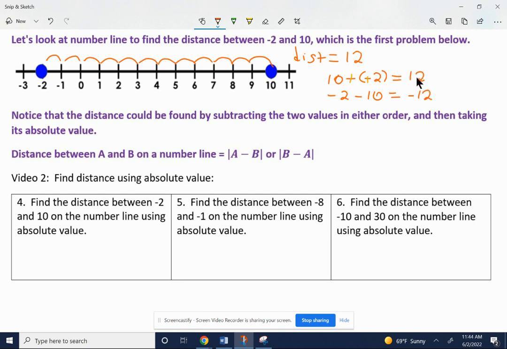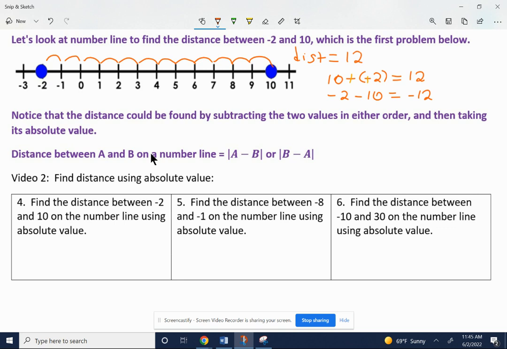If you subtract the two numbers and you take its absolute value, you'll get the answer to the distance between the 2 points. That's why I have here the distance. You could find the distance between 2 points by subtracting the two values, in either order, and then making sure you take its absolute value. So here's a little formula.